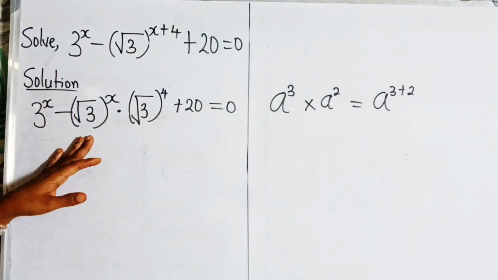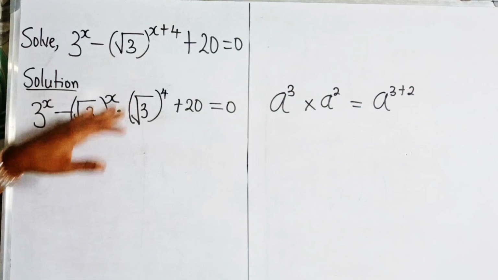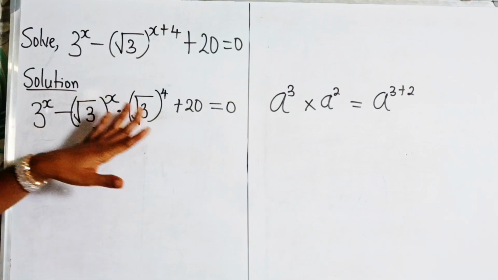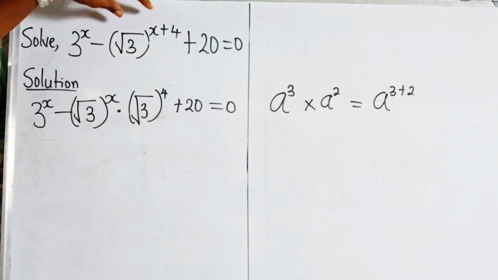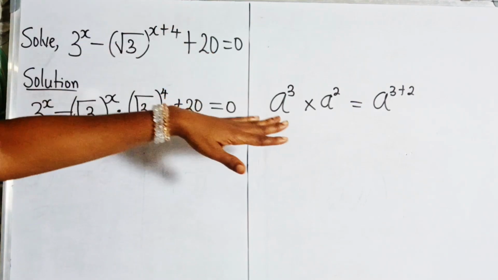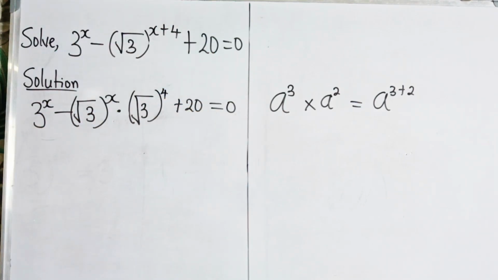So what I did was just to split the base and then distribute the power. If you pick one of the base, you will still have this, according to this law of indices.